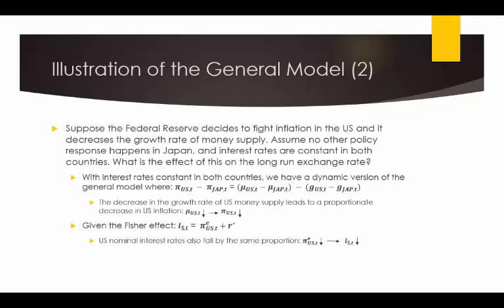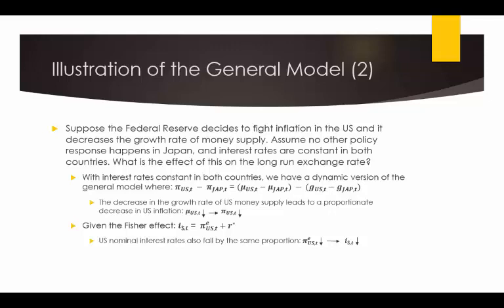As another illustration, let's suppose the Federal Reserve decides to fight inflation in the United States, and it decreases the growth rate of money supply. Assume that no other policy response takes place in Japan and that interest rates are constant in both countries. How will this policy affect the exchange rate?